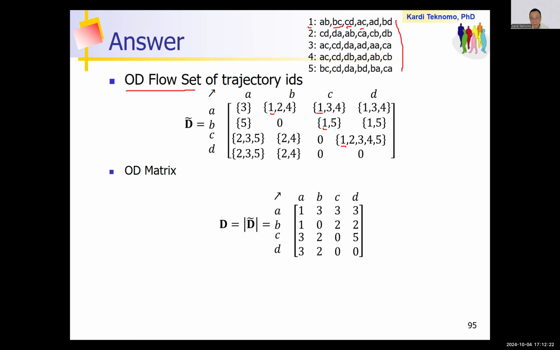And AD, so from A to D, we have number one. So these are the trajectory IDs. Now, based on the number of elements, you can get the OD matrix. Up to here, is there any question?